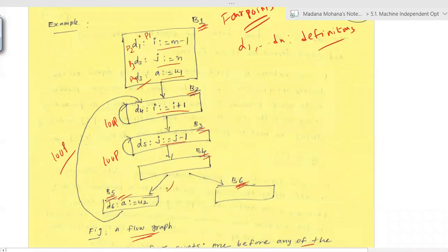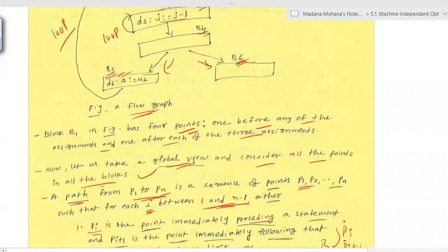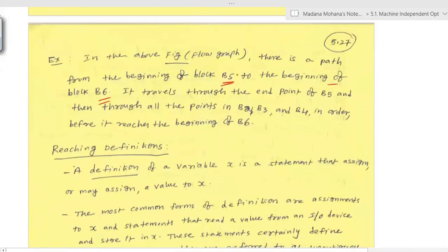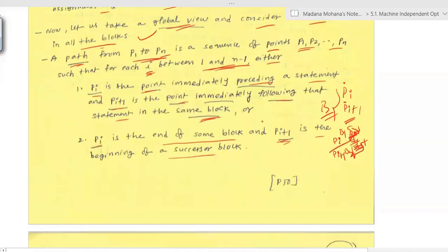Here 2 possibilities are there, path 1 and path 2. Now we explain that. There is a path from the beginning of block B5 to the beginning of block B6. It travels through the end point of B5 and then through all the points in B2, B3, B4 in order before it reaches the beginning of B6. Now you can see the loop.